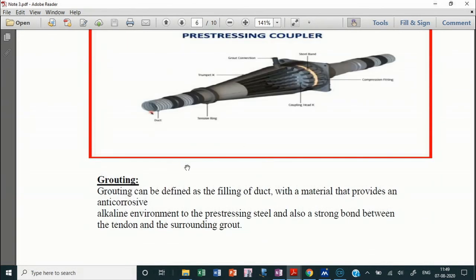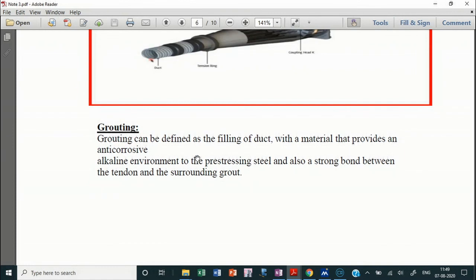And another important thing for post tensioning system is the grouting devices and grouts.